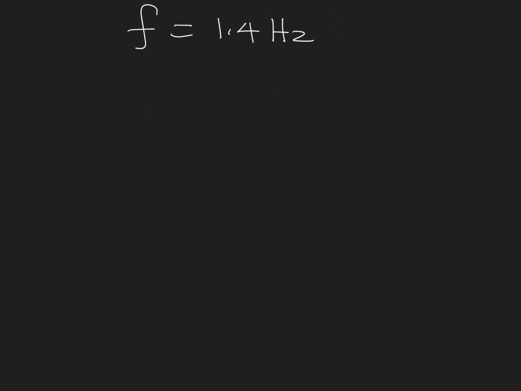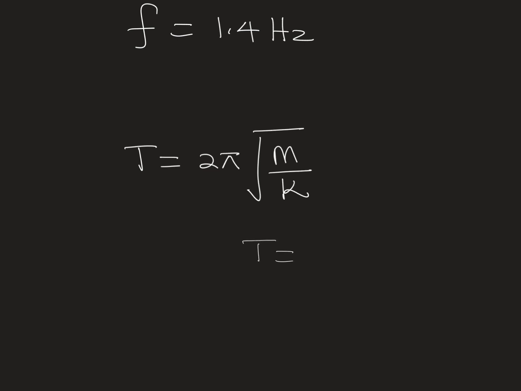But if you can remember the formula for period, which is period is equal to 2 pi the square root of M divided by K, and you know that period is also the inverse of the frequency.